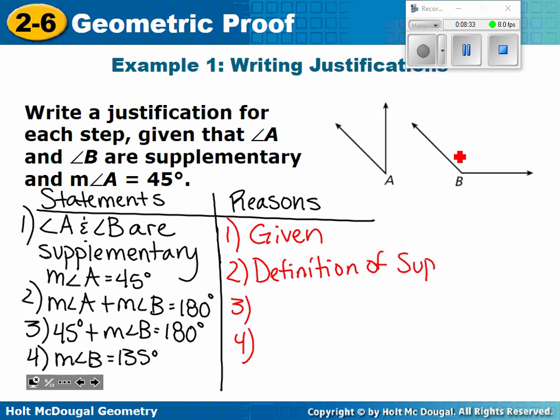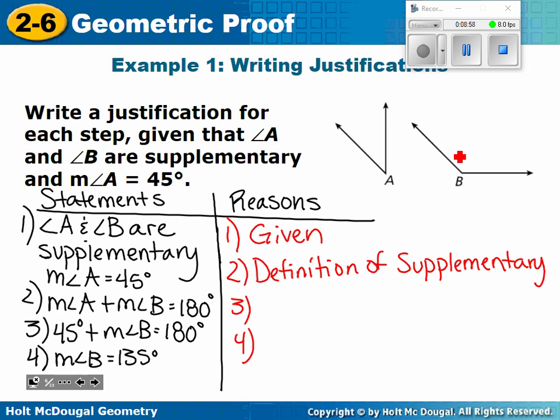You are explaining the reason why you can say what you're saying. So if they tell you they're supplementary, you now know that means they add to be 180 because of the definition of supplementary. You're just backing up your steps. These reasons are going to be definitions, theorems, postulates, or properties. That's it. Okay?